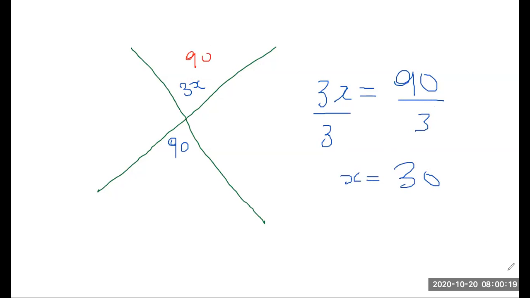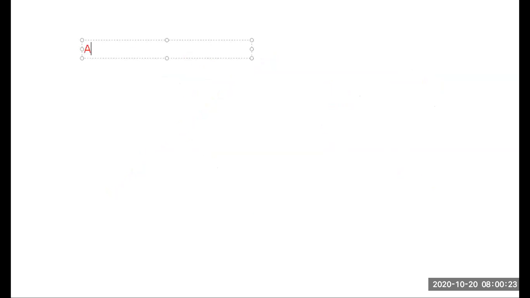All right, so let's look at the other one. Adjacent angles. Angles that are directly beside each other.